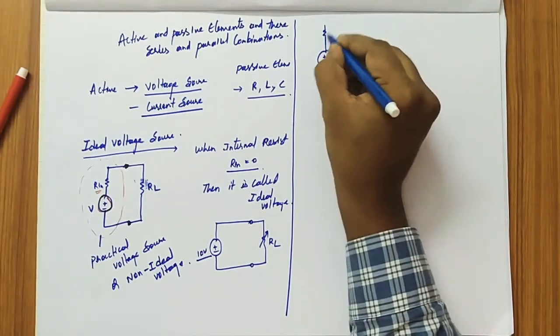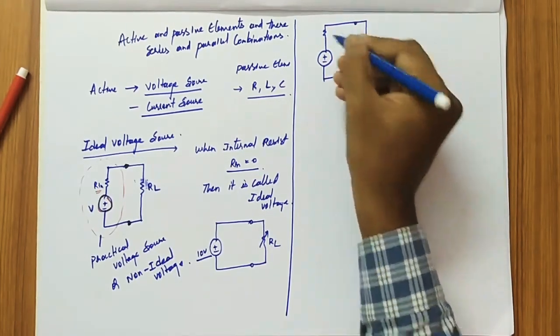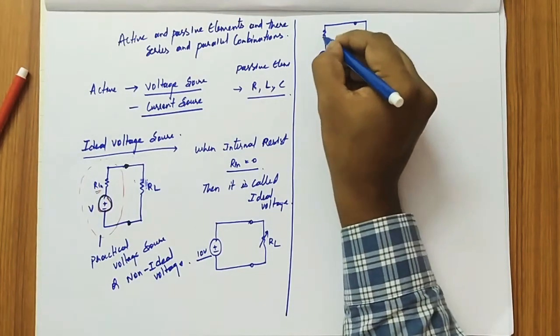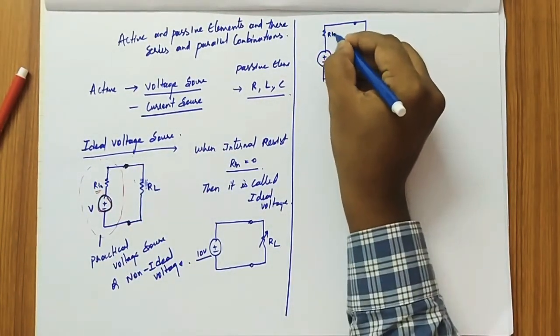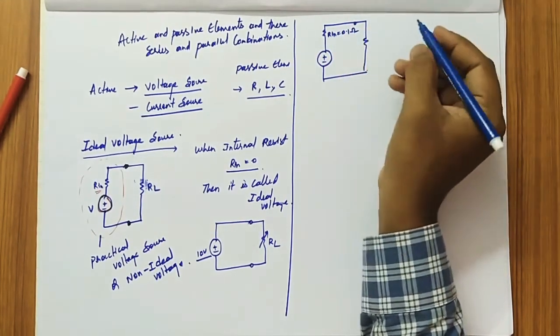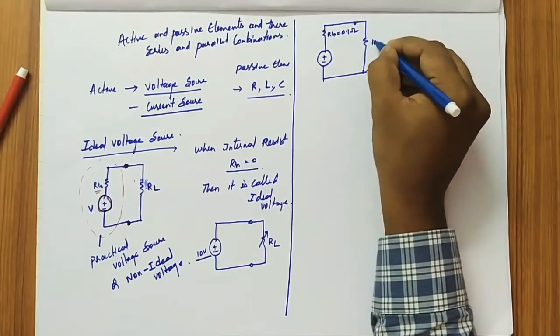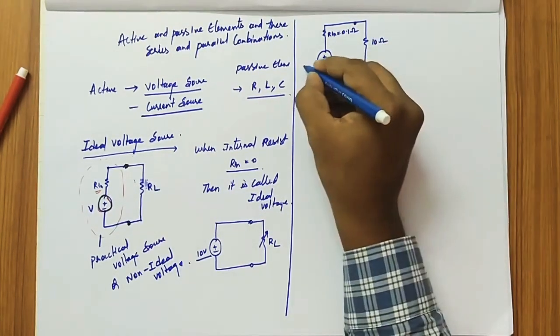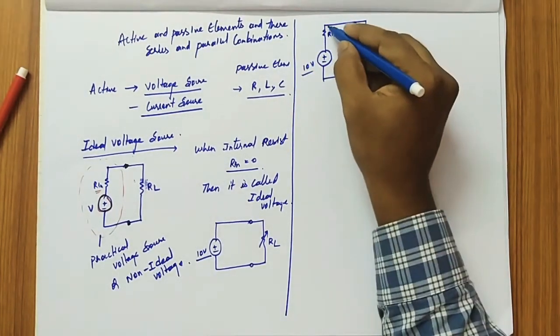For suppose you take a non-ideal voltage source, so let's assume an internal resistance of 0.1 ohm, and the load resistance is 10 ohm and the source is 10 volts. Okay, so we are representing the practical voltage source in series.